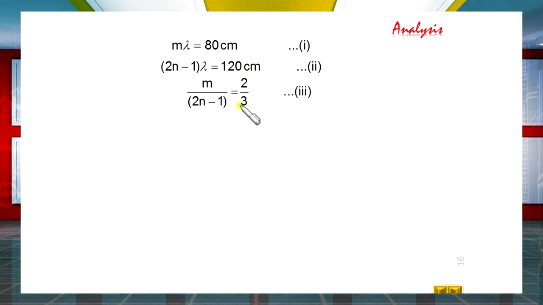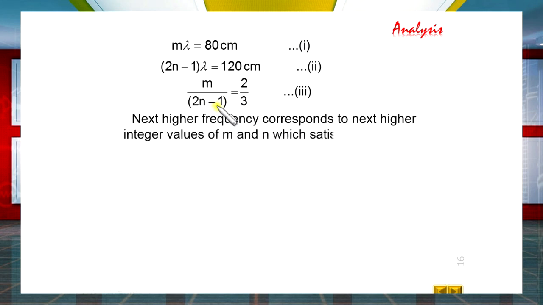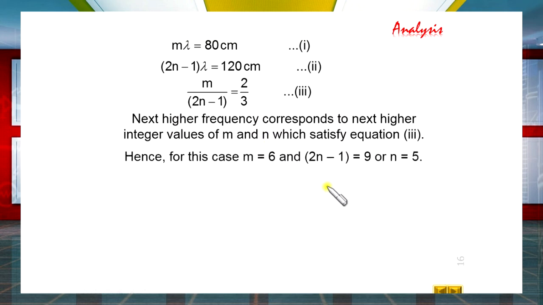So let us multiply this ratio by 3 by 3. If we multiply this ratio by 3 by 3, this will become 6 divided by 9. That means small m should be equal to 6 and 2n minus 1 should be equal to 9, right? If 2n minus 1 equal to 9, that means 2n equal to 10, that means n equal to 5, right?